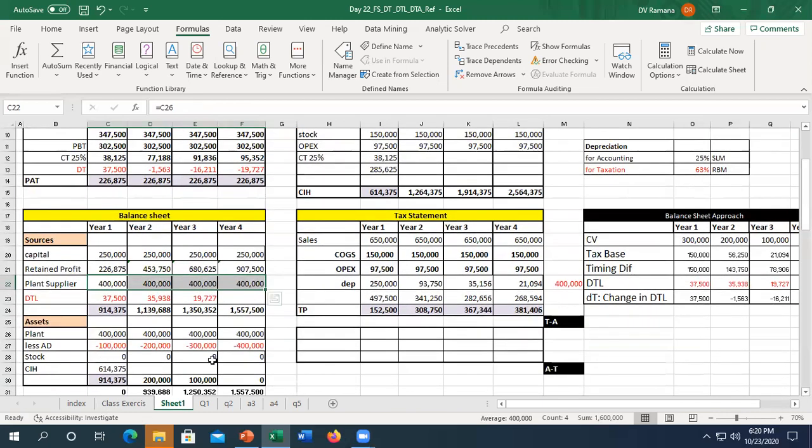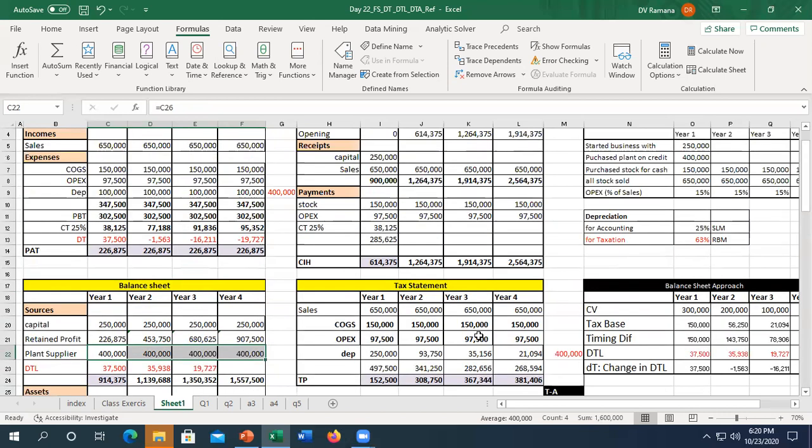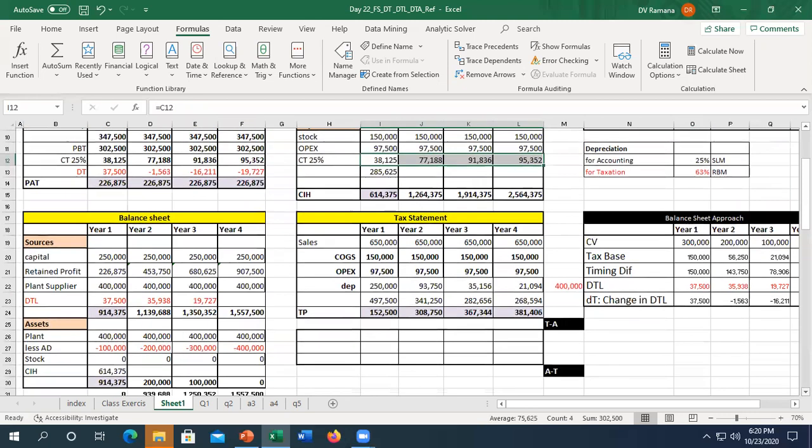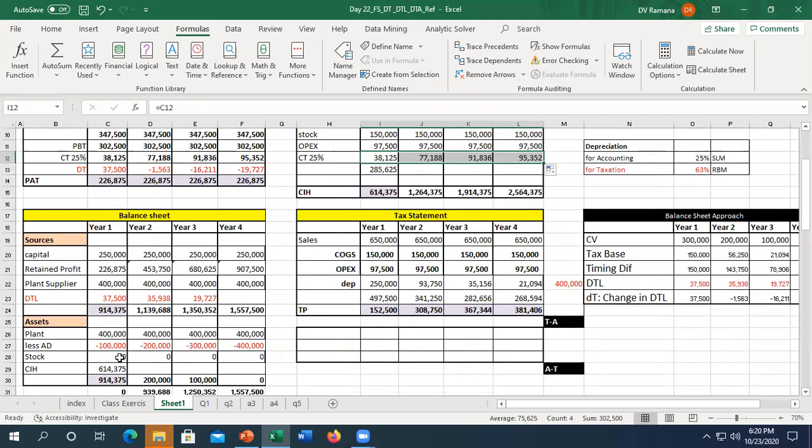Let us see the asset side of the balance sheet. The asset side of the balance sheet will have plant, and the value of the plant keeps on falling because of the current depreciation, and the current depreciation is the SLM.